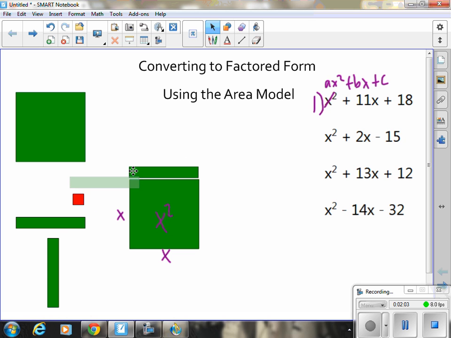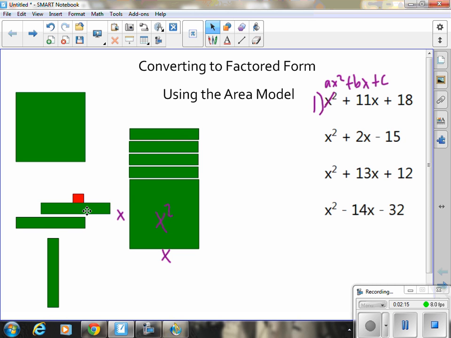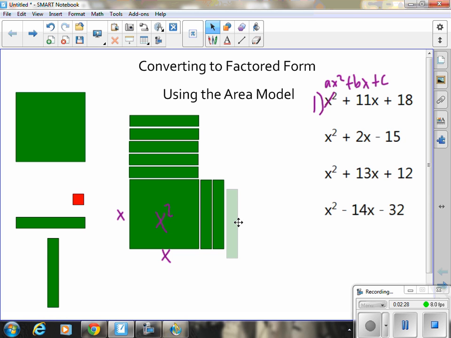I can extend a side by, let's say, 5. There, I've extended my side by 5, and I can extend this side by 6. And if I extend by 5 and extend by 6, then I've got 11 x rectangles.